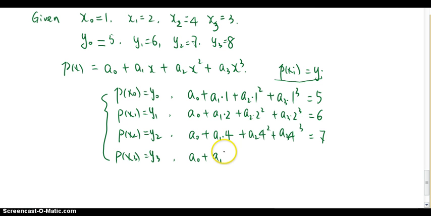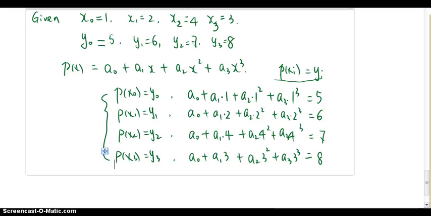So a0 plus a1 times 3 plus a2 3 squared plus a3 3 cubed is equal to 8. Very good. So these 4 equations, in fact, you're given. And what you're looking for, you are looking for a0, a1, a2, and a3. So what do you have? You have a linear system involving 4 equations and 4 unknowns. So the question is, can you solve for these unknowns?